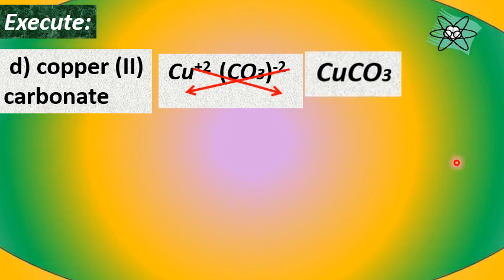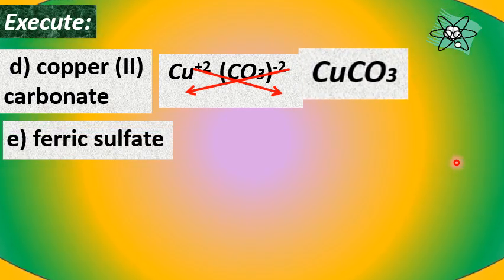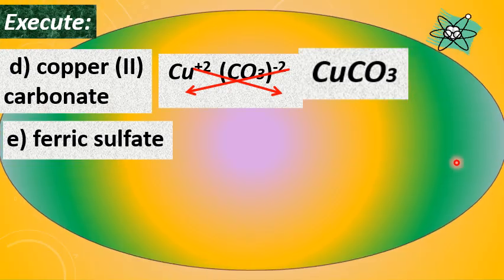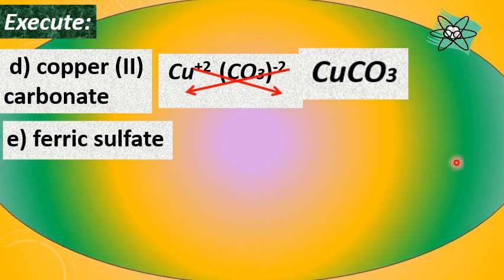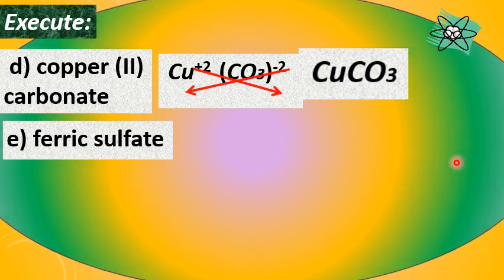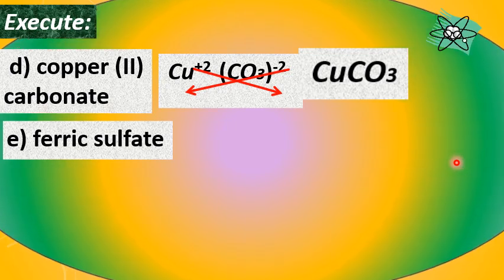Now for question letter E, you are given ferric sulfate. Ferric sulfate can also be called iron Roman numeral 3 sulfate.